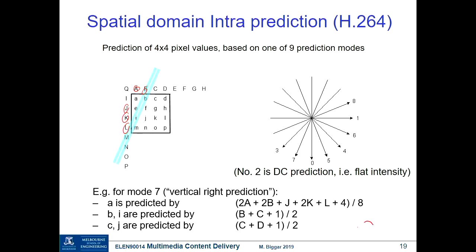So the idea is to recognise that the dominant structure is in this diagonal direction. Both encoder and decoder make predictions based on this algorithm that's associated with the direction.